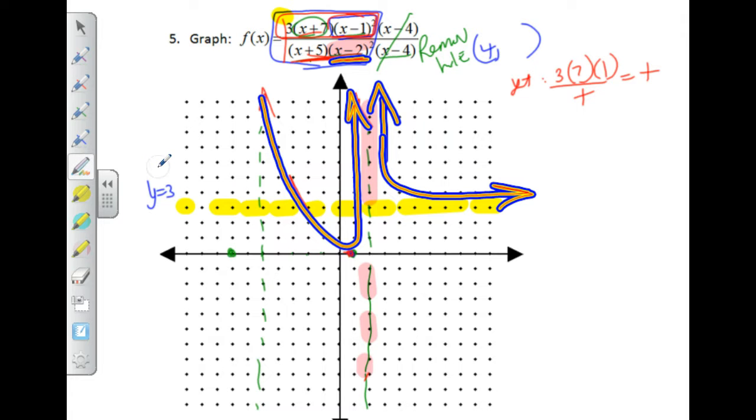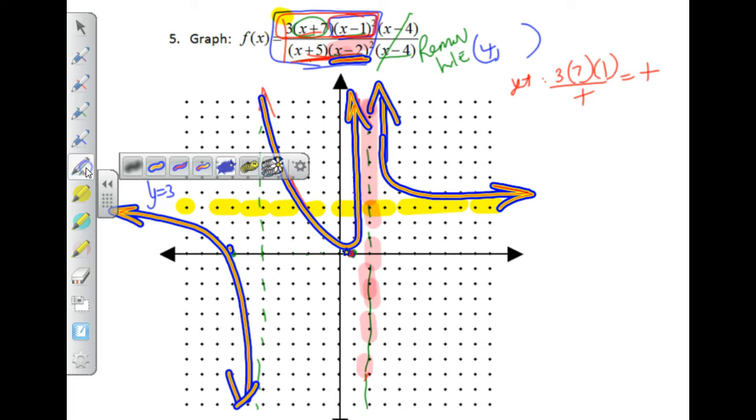And since I need to continue, oh, good, I got a nice little point over here to continue, and I'm passing through here. So this one was good because it had a double vertical asymptote, this pink double vertical asymptote, which causes the volcano, and it also had a double root, and that happened at this flower. So I'm going to bounce at the flower, but I passed at the happy face.